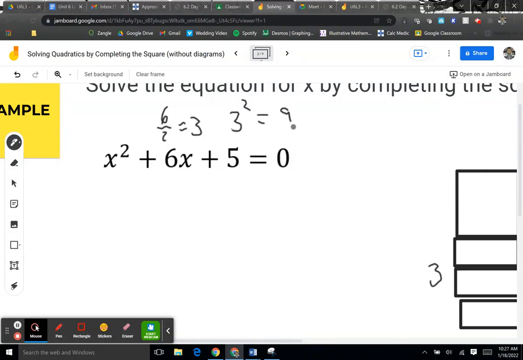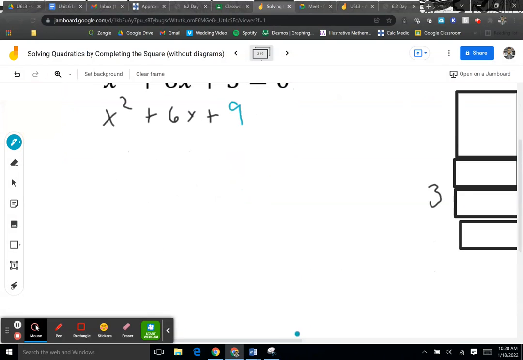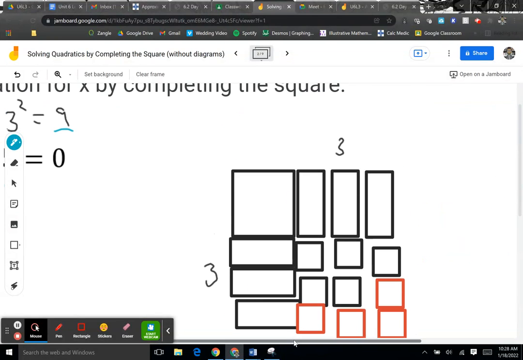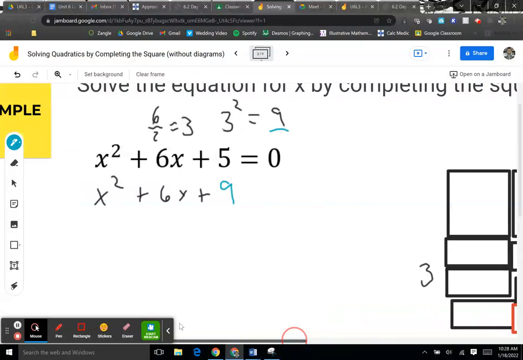The reason this works is because now we can complete the square with this number. A perfect square would be x squared plus 6x plus this 9 that we have right here. This is a perfect square. We can see it right here. It's this perfect square if we counted those red squares.